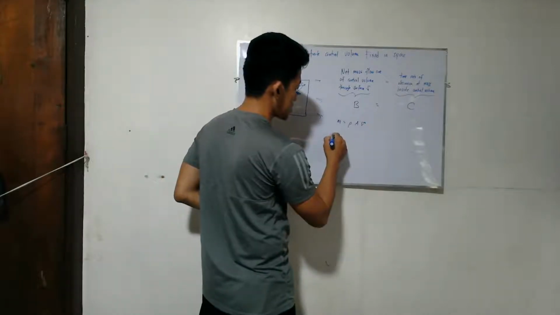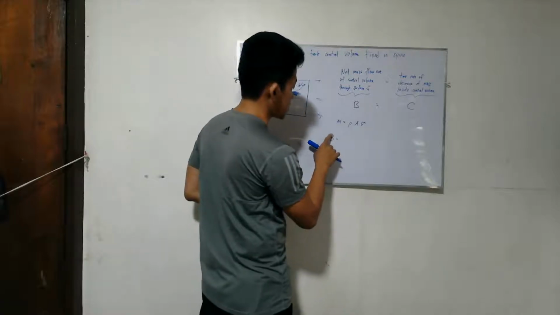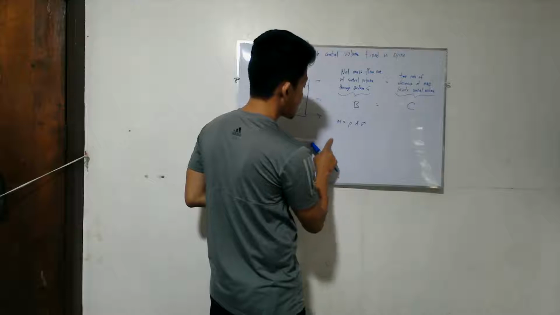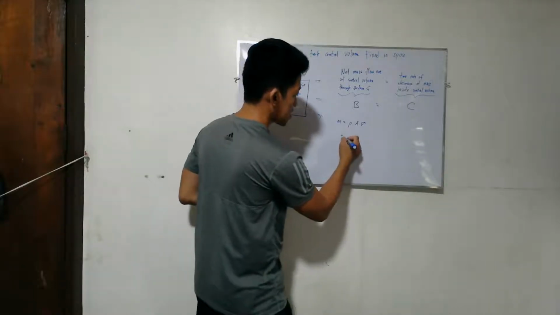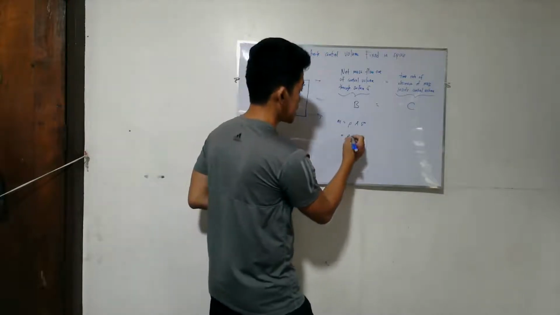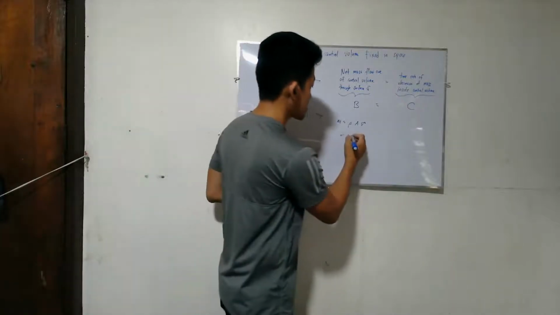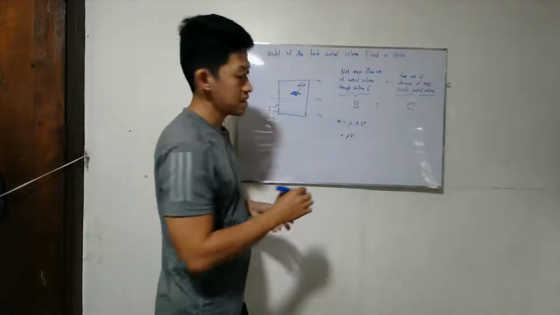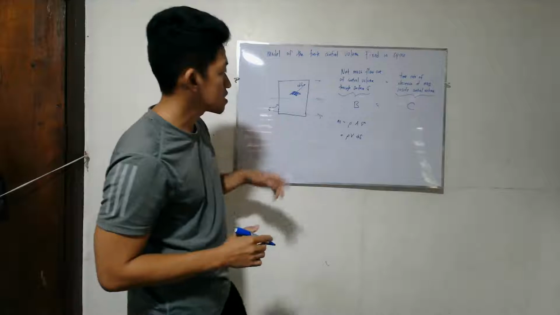Therefore, ang B nimo is just, ang mass flow rate nimo would be density times velocity dot ds.